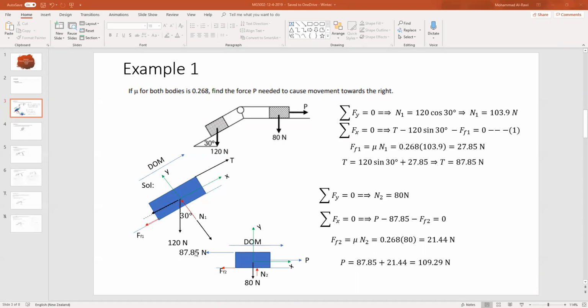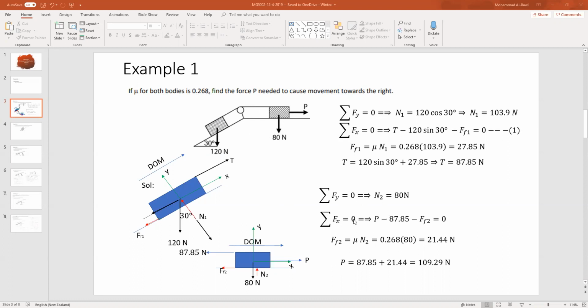That T will be applied here. See, when I draw this again, I didn't put T anymore. I put the number to make sure that I understand what I'm doing, and I have only one unknown, which is P, which we're trying to determine. You repeat the steps for the second crate, but always make sure whether mu is the same for both or not, because if mu was different, then you need to use different coefficients in that equation.